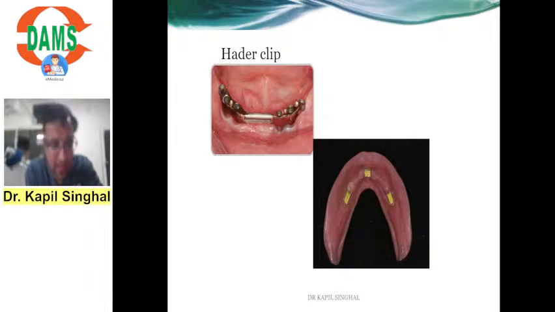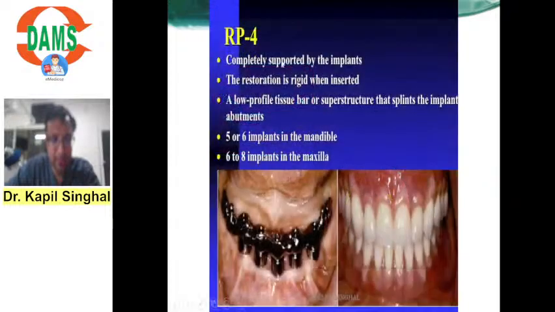So can you see here in the picture? What you can see is a header clip, this yellow color. These are header clips that snap on the bar. So this is an example of RP4 kind of prosthesis. So this is again an RP4 where the implants are placed, then a bar is fabricated over it and the denture seats over the bar.